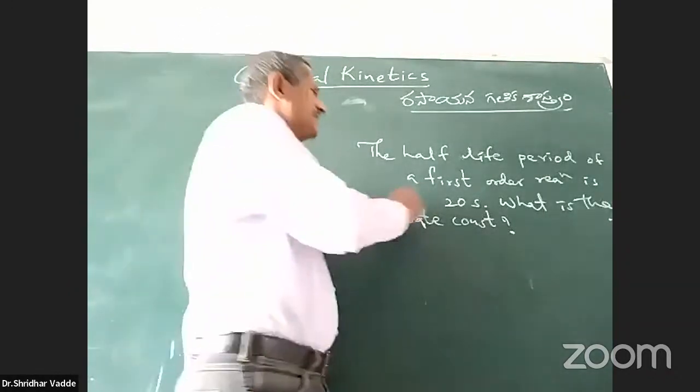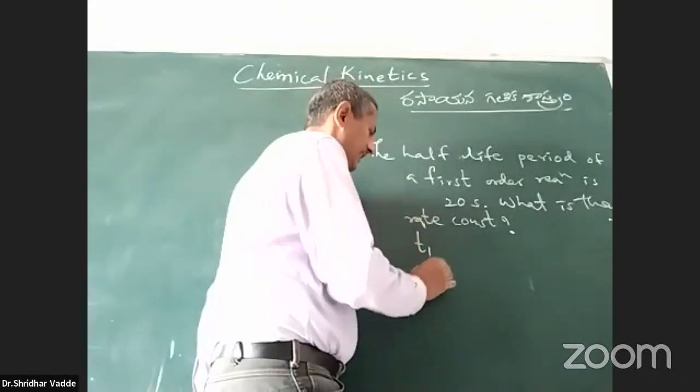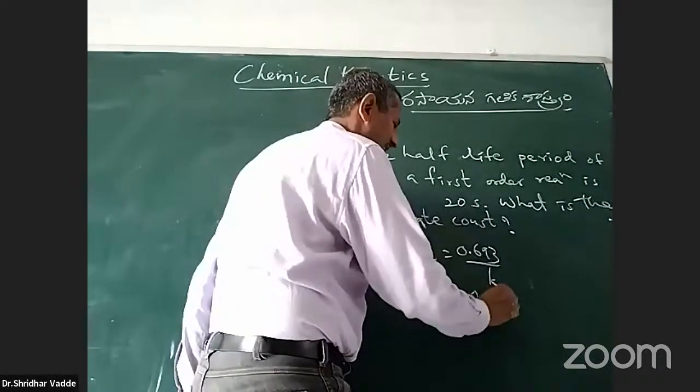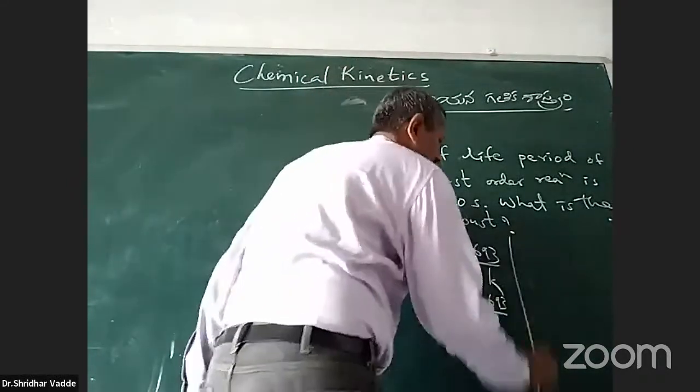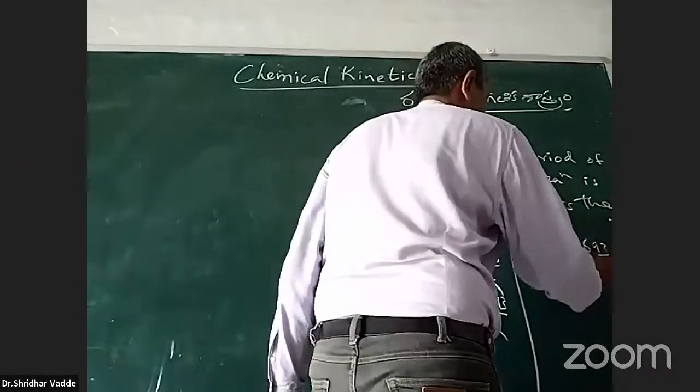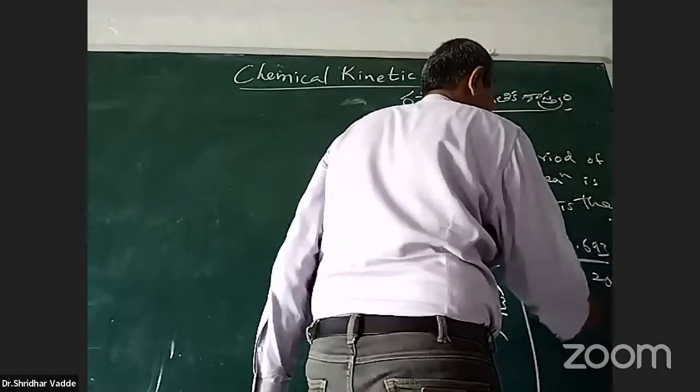So look here, my dear friends. T half is equal to 0.693 by K. So T half is given as 20 seconds. So K is equal to 0.693 by 20.